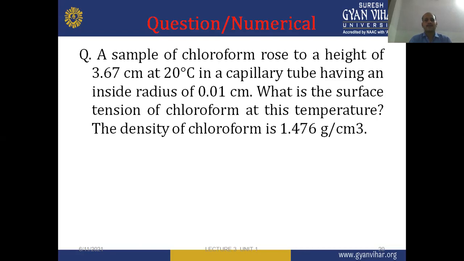The density of chloroform is given as 1.476 gram per centimeter cube. So you can try to solve this numerical, which is based on the determination of surface tension. Height is given here, temperature is given here, inside radius is given here. The density of chloroform is also given here.